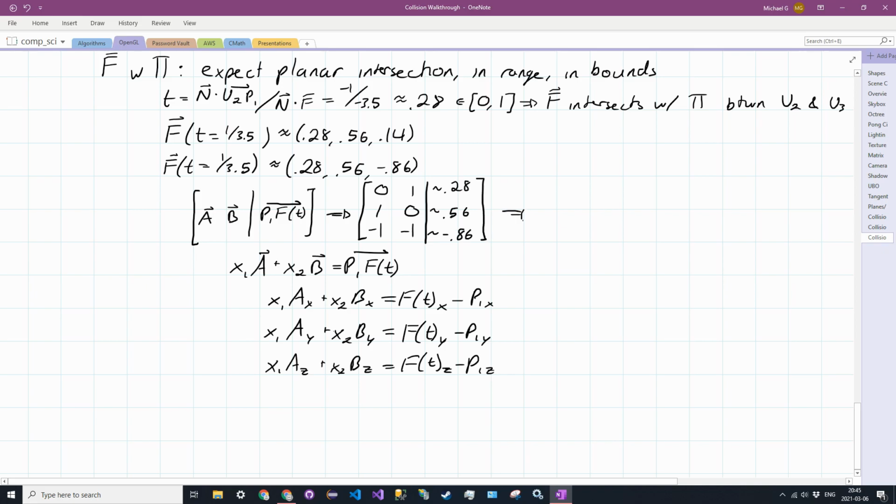And then if we reduce this, we get 1, 0, 0, 0, 1, 0, so that's all good. And then our values are 0.5715 and 0.2857 and 0.